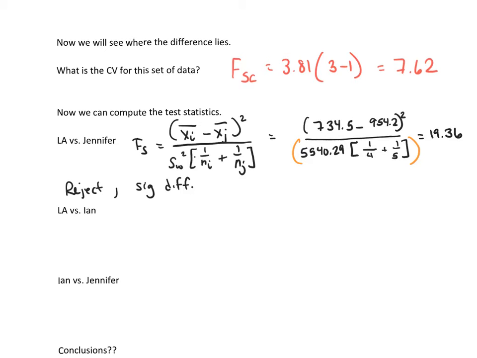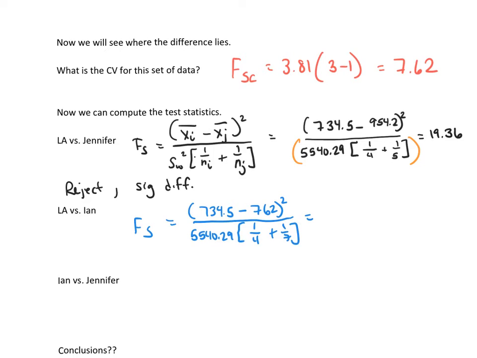Okay, let's look at LA versus Ian. So their means are closer together, so we'll see if we get the same result. So we have the first mean, so we'll do LA first, which is 734.5, minus Ian, which is 762, all squared, over the within group variance, times their 1 over their sample sizes.